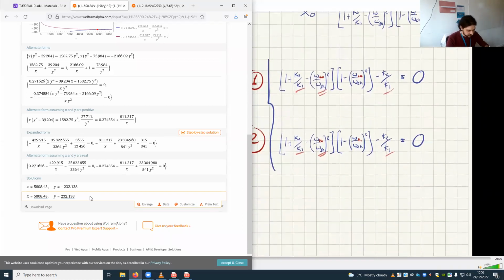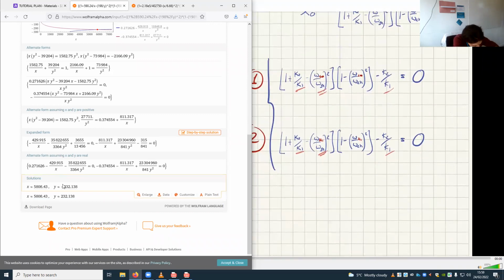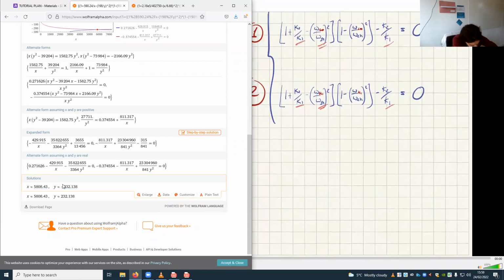So if I solve this, you get K1 5808.4 newtons per meter, and omega 1n 232.13 RPM.